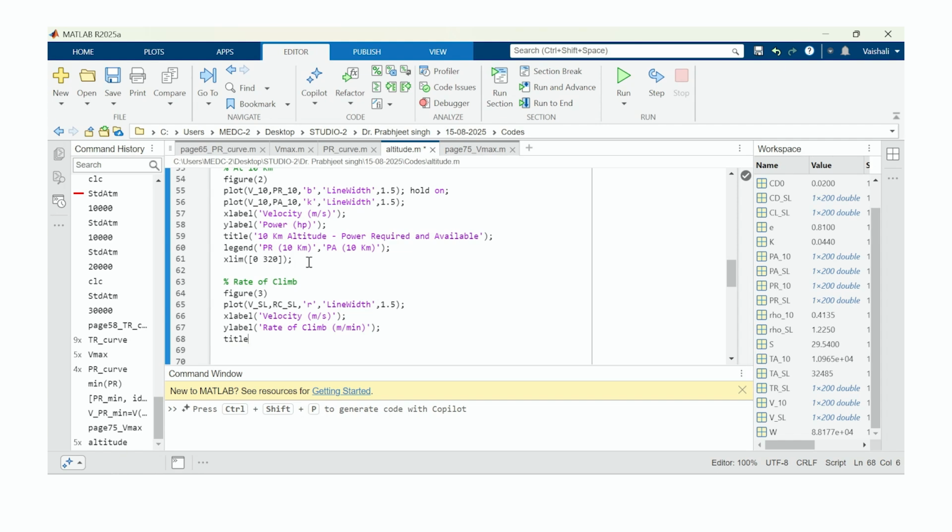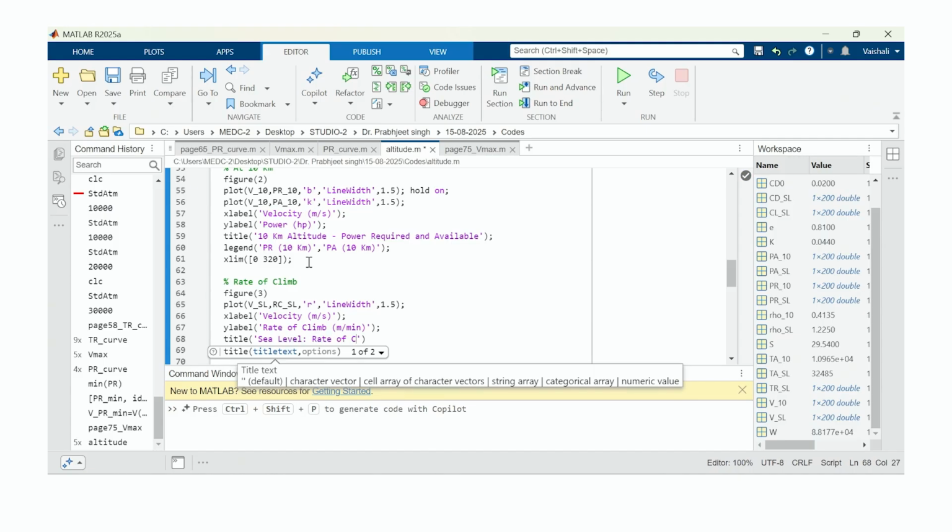Let me write the title: sea level rate of climb versus velocity.